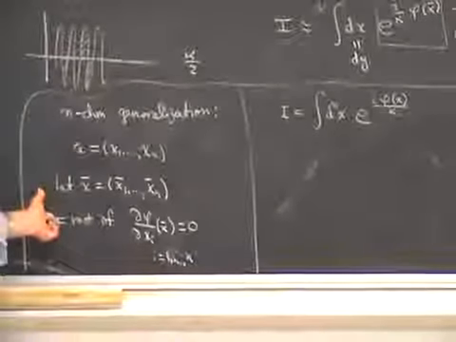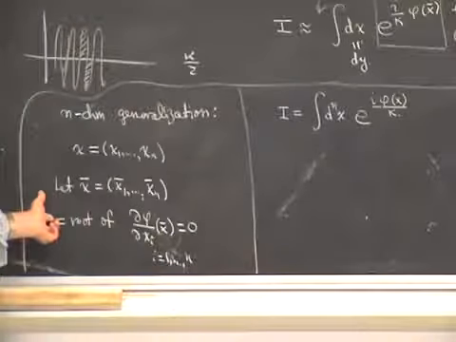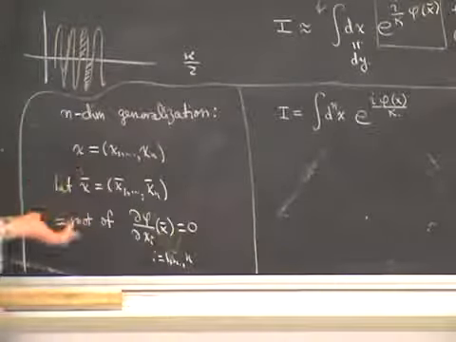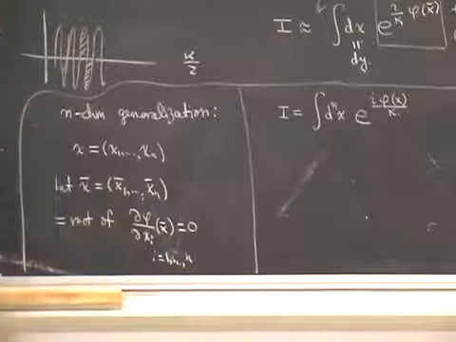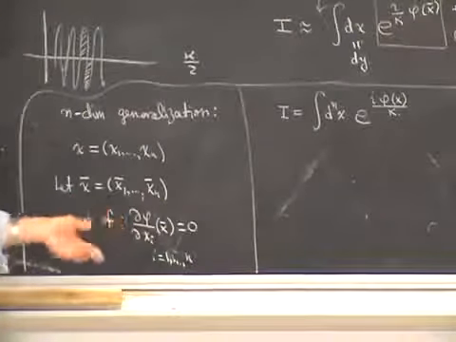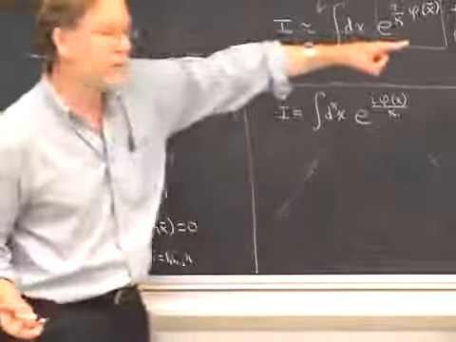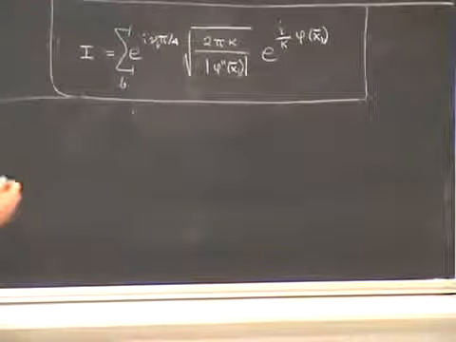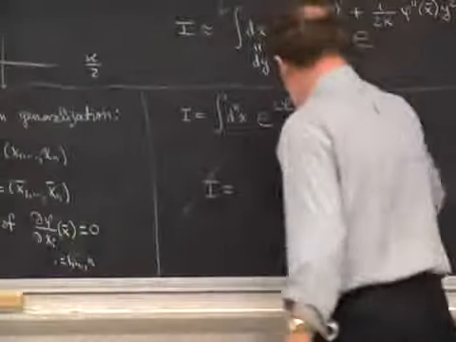The quadratic term is a multidimensional Gaussian integral. It involves a symmetric matrix, which is the second derivative of phi. That can be diagonalized and converted into a bunch of one-dimensional integrals that look just like that. So the details of this are contained in the notes. I'm just going to quote the answer for you. The I then turns into this.